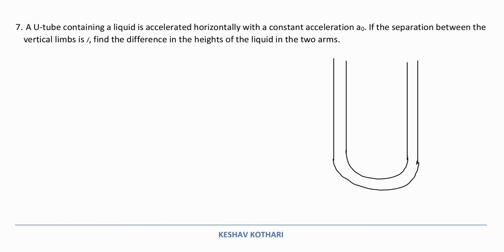Over here it is stated that the separation between the two limbs is equal to L, and it is accelerating with an acceleration a naught. Now due to this acceleration a naught, the liquid in the manometric tube or the U tube arrangement will look like this.